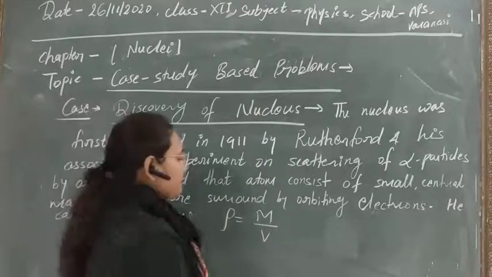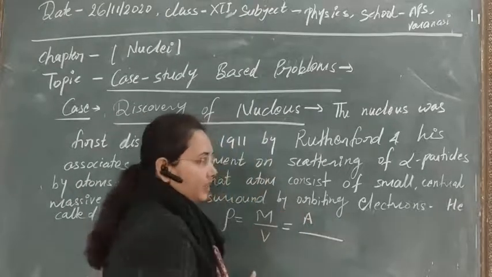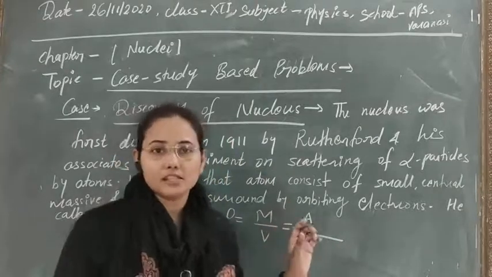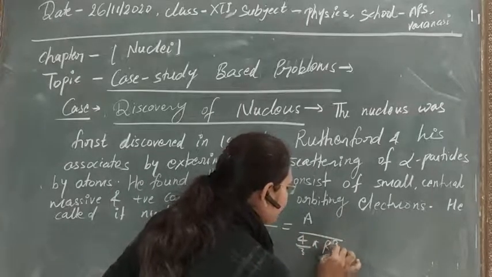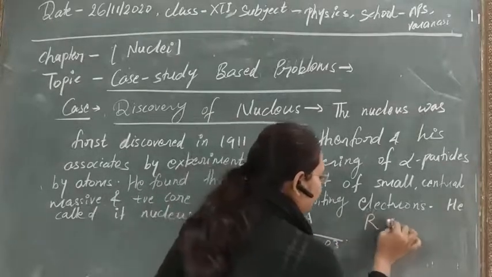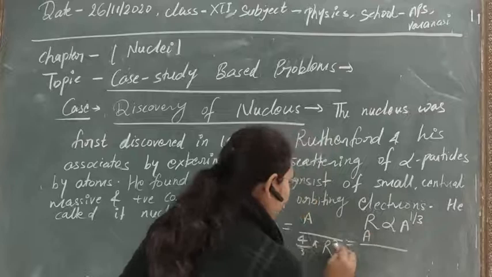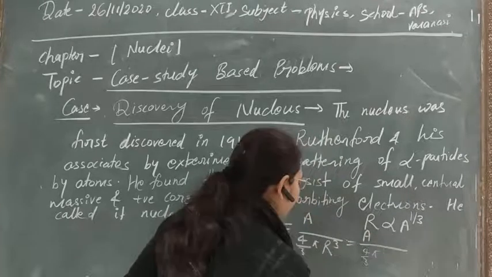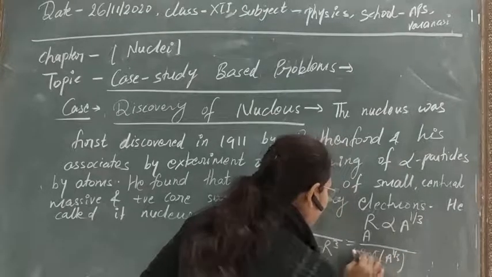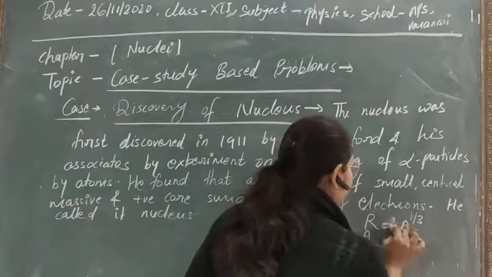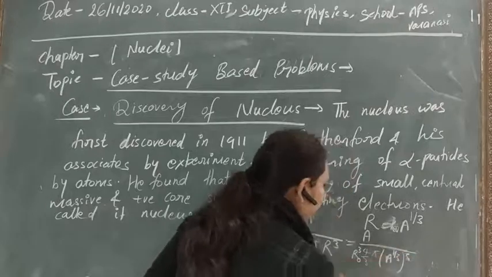Here the mass is A, and for the volume, the shape of a nucleus is spherical, so the volume will be 4/3 pi r cubed, and r is directly proportional to A to the power 1/3. Using some constant r0, this becomes 4/3 pi r0 cubed times (A to the power 1/3) whole cubed.